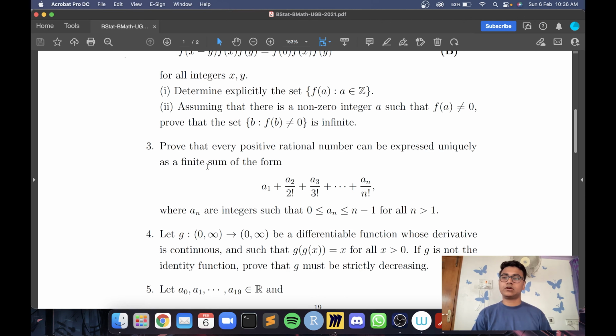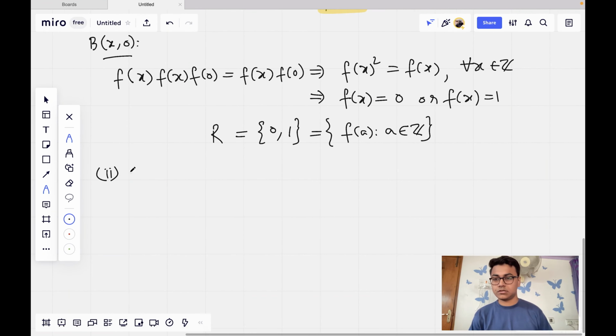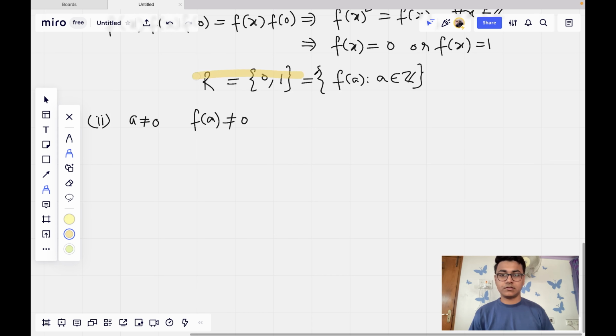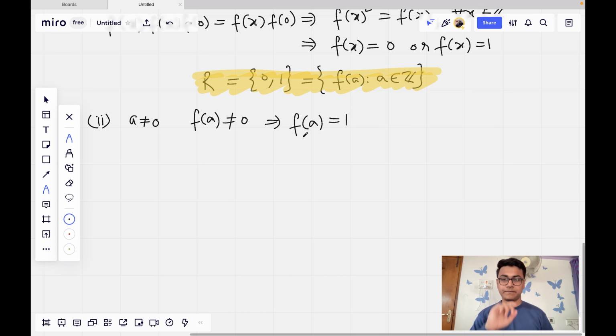We are assuming that there is a non-zero integer a for which f of a is not equal to 0. But we have seen that the range set is just 0 or 1. So f of a can be either 0 or 1. F of a is not equal to 0, so f of a is just 1.